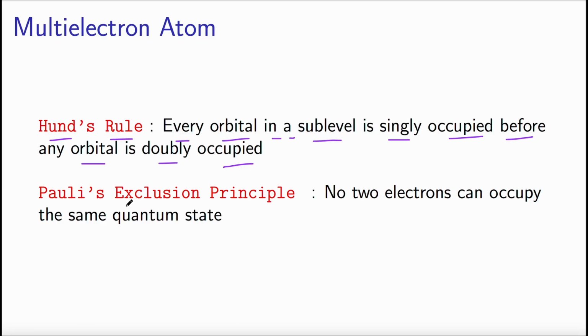Another thing we have to take into account when arranging electrons in an atom is Pauli's exclusion principle. No two electrons can occupy the same quantum state. This is a very important statement, and we will also learn it through an example.